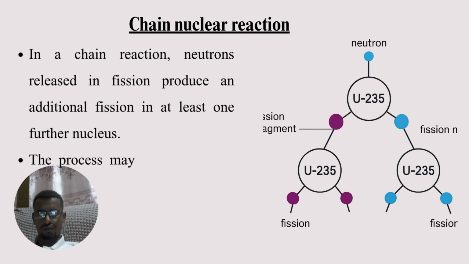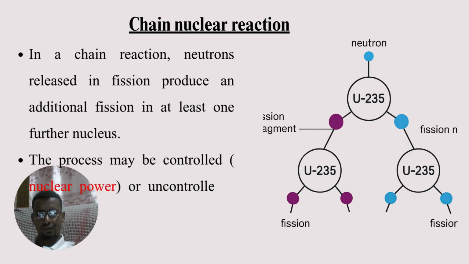As you are observing from this diagram, the first neutron hits uranium 235 and this uranium 235 will release other fission neutrons and fission fragments, and this process repeats itself, and this process may be controlled or uncontrolled. The controlled one is in nuclear power, whereas the uncontrolled one is in the nuclear weapon.